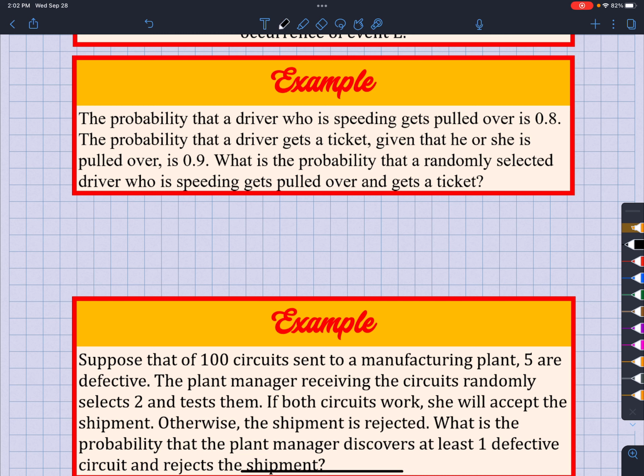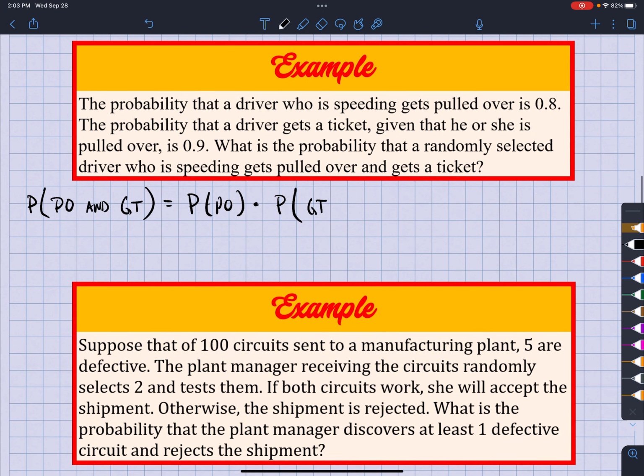So I want to know the probability of pulled over and gets a ticket. That means this is going to be the probability of getting pulled over times the probability of getting a ticket given that they're pulled over.